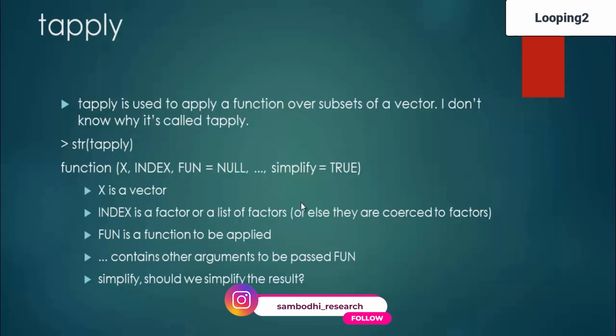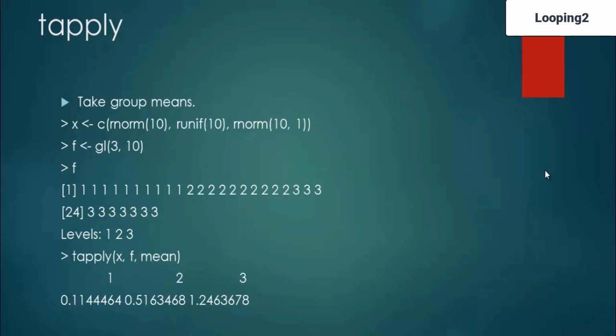Index is a factor or a list of factors, or else they are coerced to factors. fun is the function to be applied, and the ellipsis, as always, contains the arguments that should be passed to fun. simplify equal to TRUE or FALSE: do you want to simplify the result or not? tapply basically functions like sapply here. When you want to take specific group means, you can always go for this tapply function.